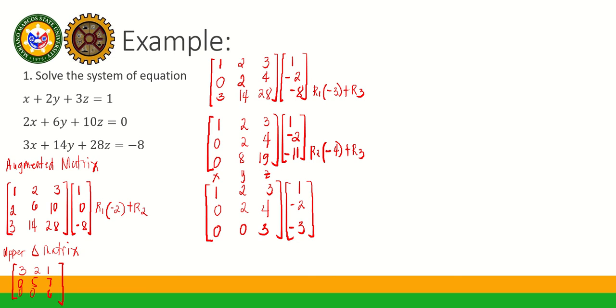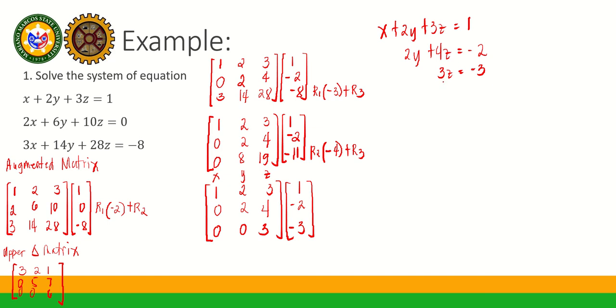So, if you're going to write that in the general form of an equation, this will be equal to x plus 2y plus 3z equal to 1. Okay? And for the second row, that is equal to 2y plus 4z equal to negative 2. And for the third row, we have 3z equal to negative 3.